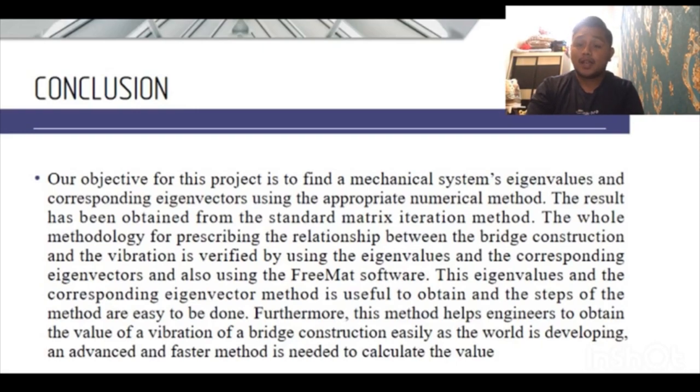Furthermore, this method helps engineers to obtain the value of vibration of a bridge construction easily, as the world is developing and advancing, and a faster method is needed to calculate the value.